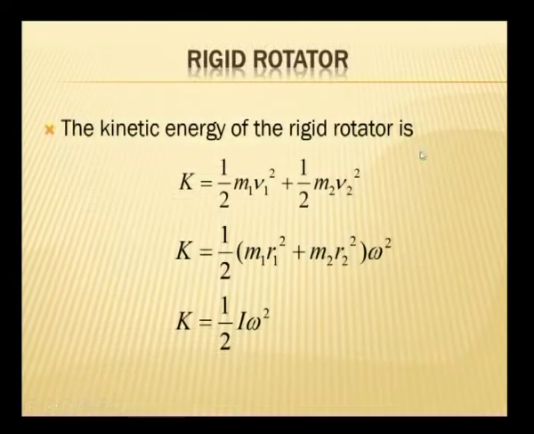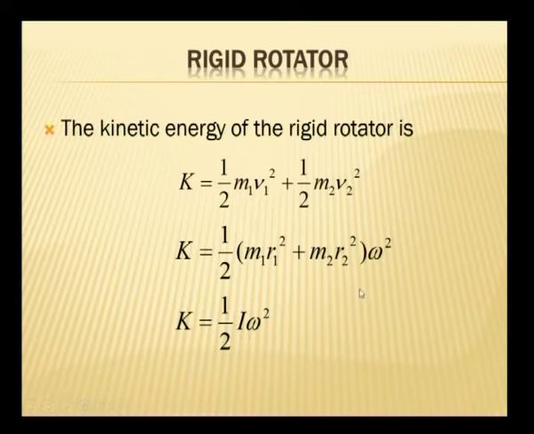The kinetic energy of the rigid rotator is half m1 v1 square plus half m2 v2 square. So, the total kinetic energy will be half into m1 r1 square plus m2 r2 square multiplied by omega square, or K will be equal to half into I multiplied by omega square, where I is the moment of inertia.